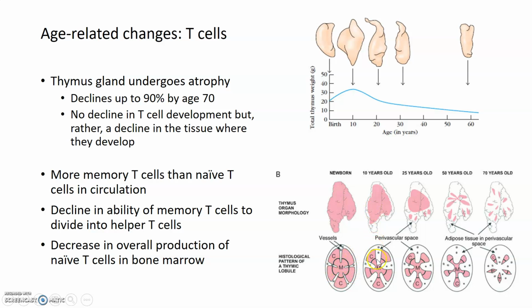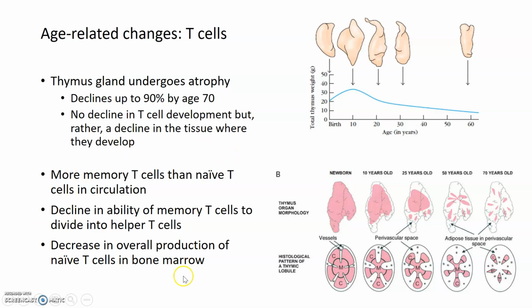And what you see as the thymus organ kind of ages, that perivascular space or that empty space increases in size and gets filled up with adipose tissue or fatty tissue. And the usable space in the thymus gland, or the pink part, declines a lot. Right? And so T cells just don't have as much of a place to develop.